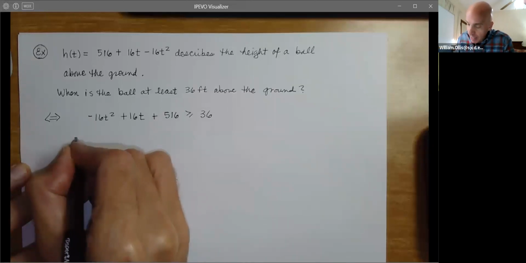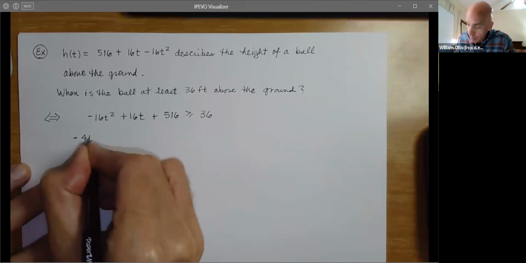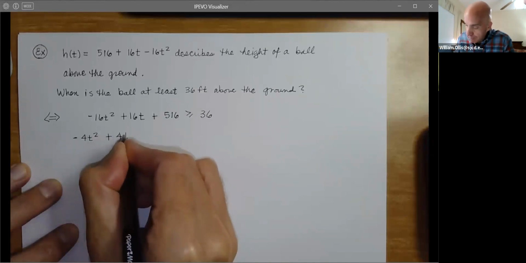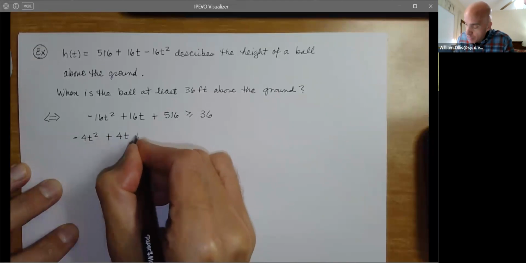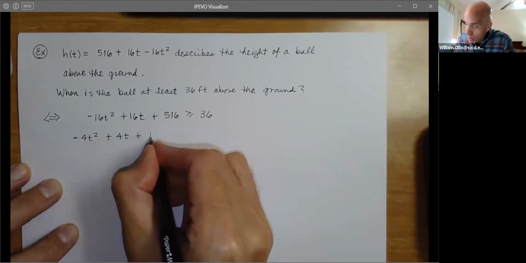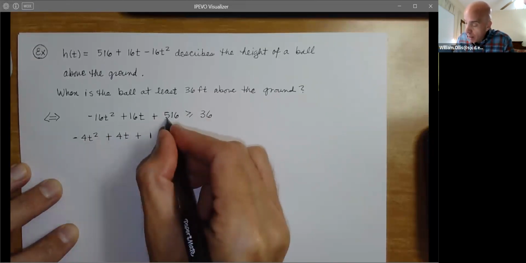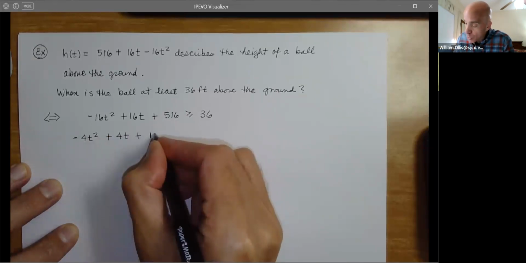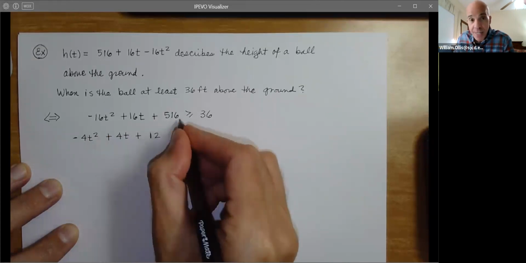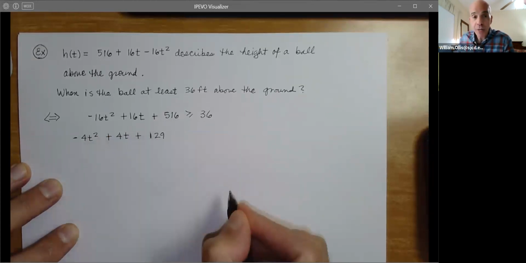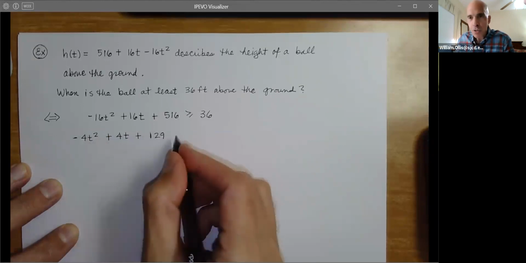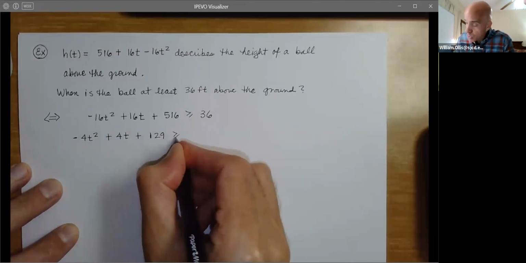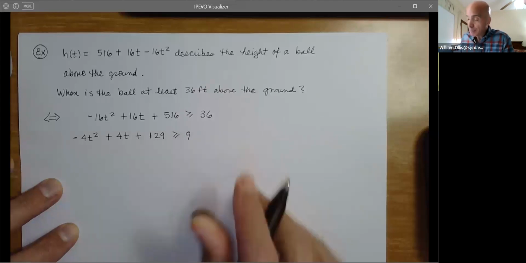So we're going to have negative 4t squared plus 4t plus, now divide, we've got a 1. Then we have an 11, so that's going to be what? That's going to be 2. And then we have a 36, so that'll be a 9, 129. It's always nice when the numbers aren't so large. Greater than or equal to, divided by 4, we have a 9.